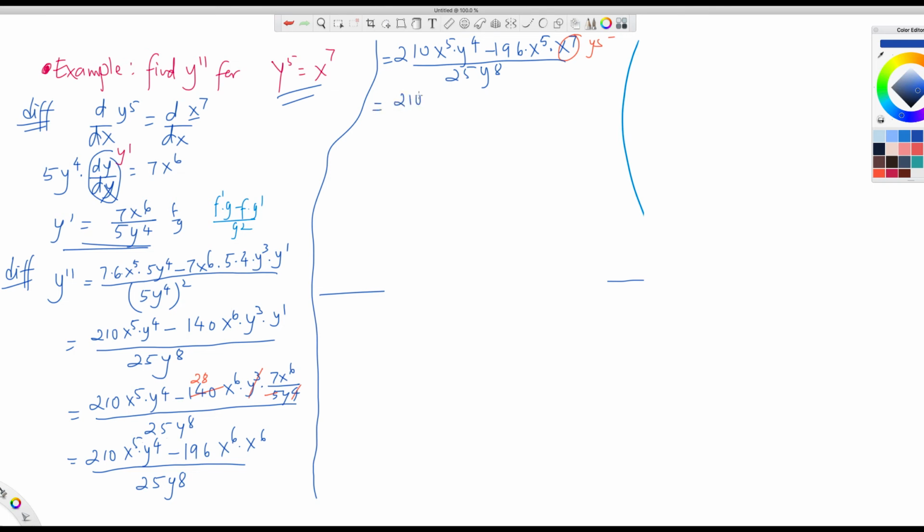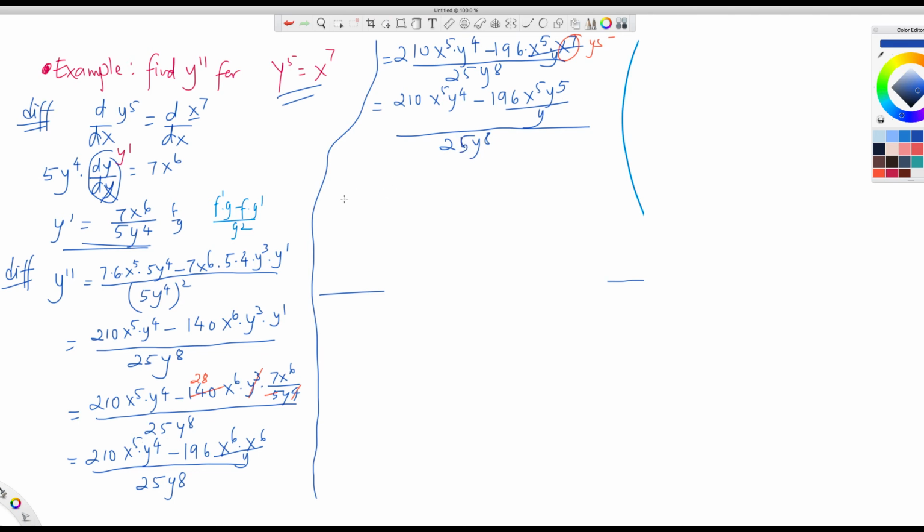So 210 x to the 5 y to the 4 minus 196 x to the 5 y to the 4. Oh, by the way, I forgot y there. I forgot that y. It is divided by y. So there is still a divide by y there, so y to the 5 divided by y, and then the whole thing divided by 25y to the 8.